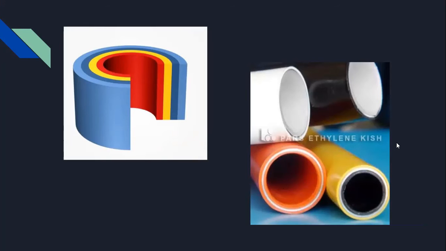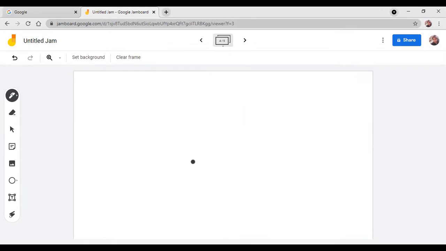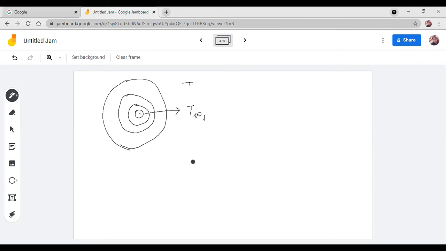So let's go through the derivation. Now we'll talk about multi-layered cylinders and how the expression for them is derived. Firstly, we'll look at the expression that will give us Q conduction by looking at its convection. Let's suppose this is our cylinder, where on the inner side the temperature is T infinity 1, and on the outer surface it is T infinity 2.